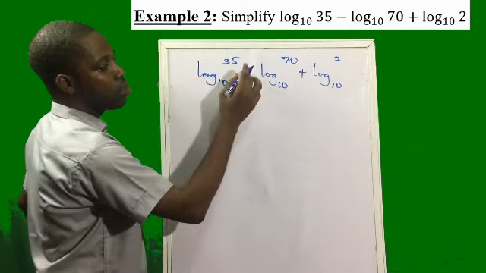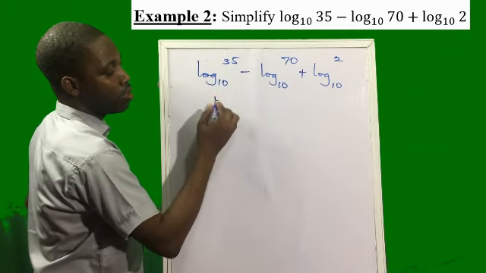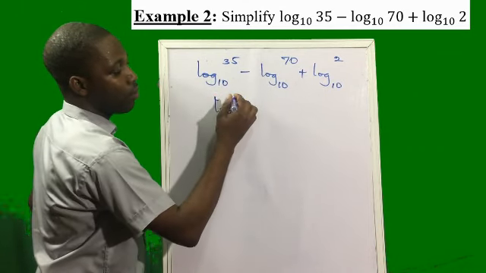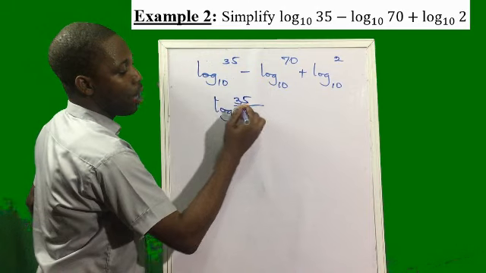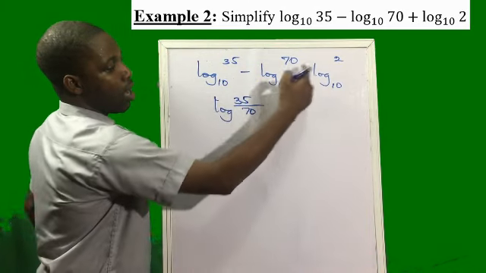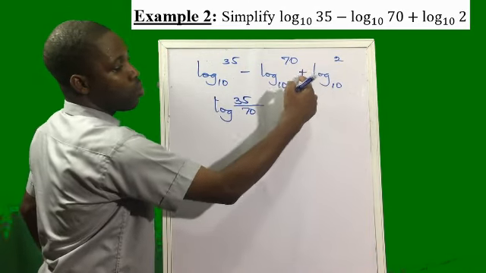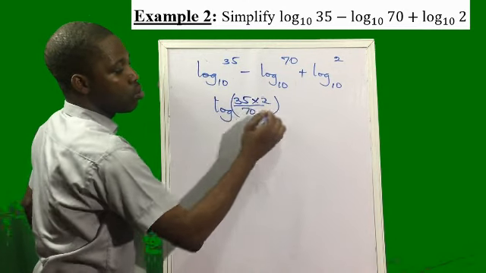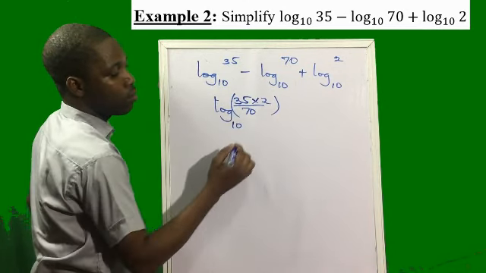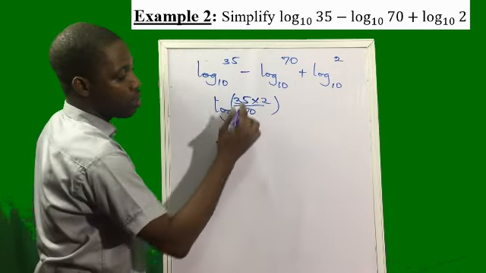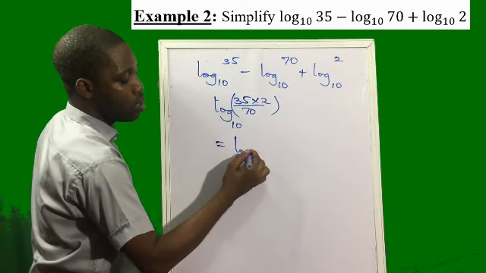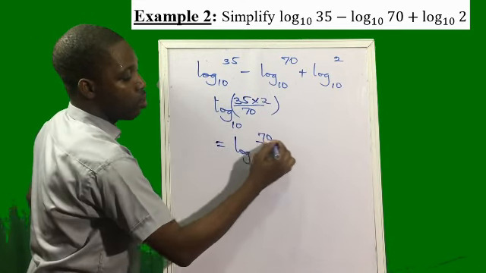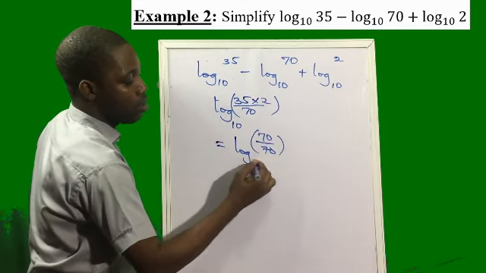So we have this to be division, that is log the number 35 divided by 70, and we have addition of 2. That means we multiply this number 2, so times 2. Remember the base 10, so that would leave us with 35 times 2 is 70 over 70 in base 10.